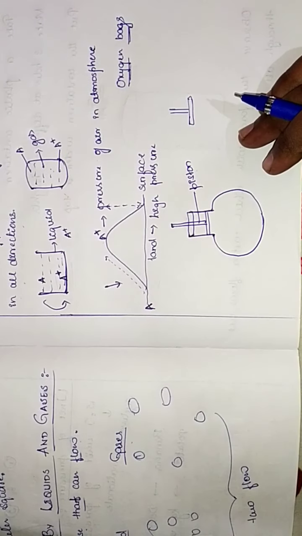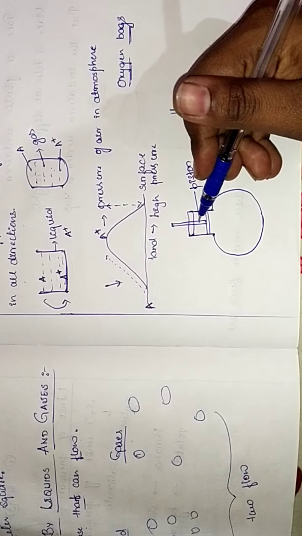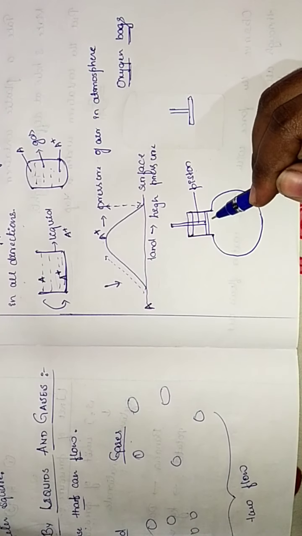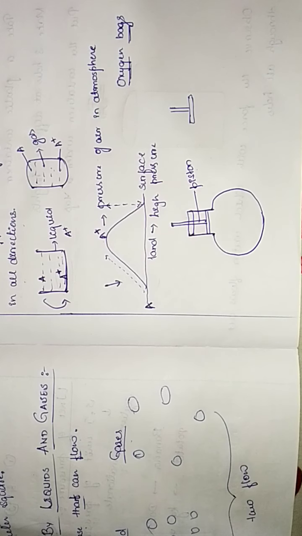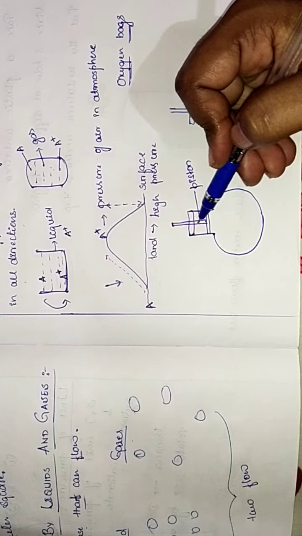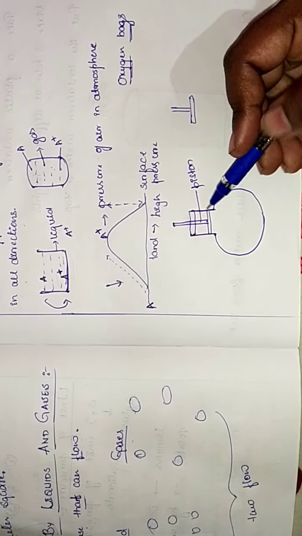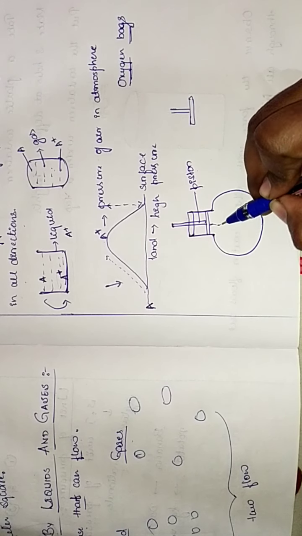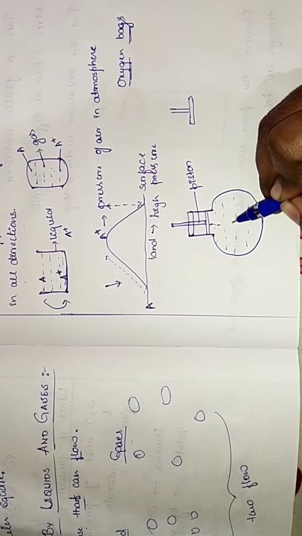So what happens when we press this piston from top to little bit downwards? Okay, so what happens? It can be moved in either upwards or downwards. ಇದನ್ನ ನಾವು ಹಿಂಗೆ upward or downward ಹೆಂಗೆ ಬೇಕಾದ್ರೂ ಮೂವ್ ಮಾಡ್ಬೋದು. Okay, what happens when we press downwards? Pressure exerts. When we press downwards, what happens? Pressure exerts.